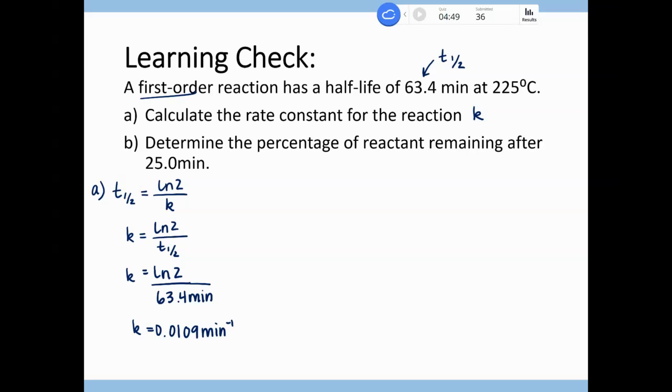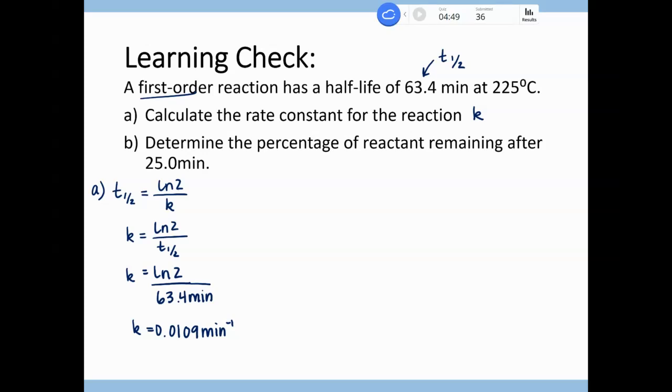Now for part B. The time is 25 minutes. That's not the half-life, so we need to use the integrated rate law here. But we don't have the initial concentration or the final concentration, so we kind of have two unknown variables. But the question isn't looking for one on its own, it's looking for the percentage of the initial that's remaining.